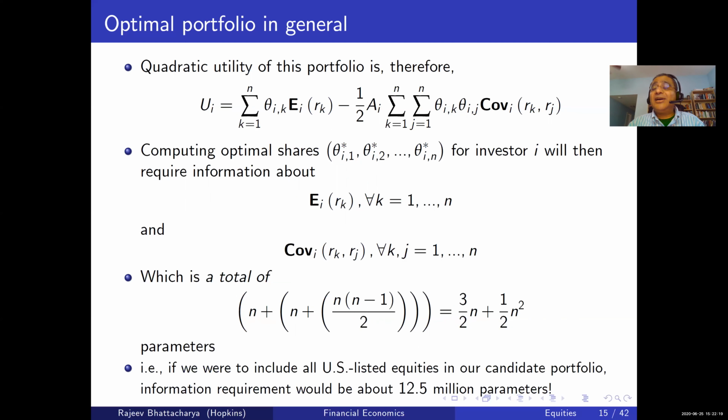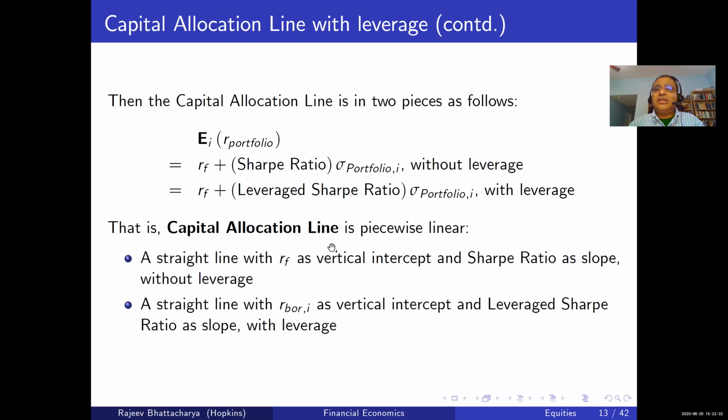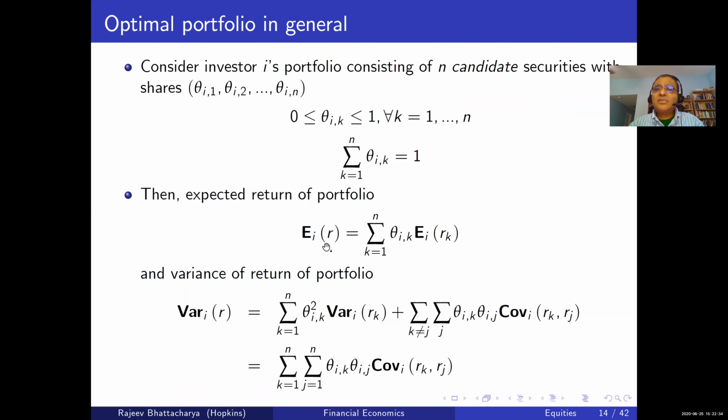How many parameters is that? Going back to the previous equation, you need information about the expectations of each of the candidate securities. You need the variances of each of the candidate securities, and you need the covariance terms.